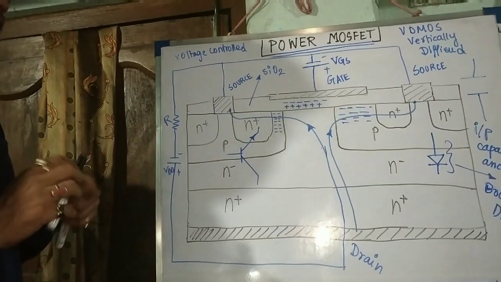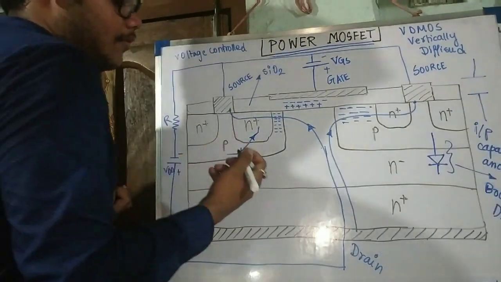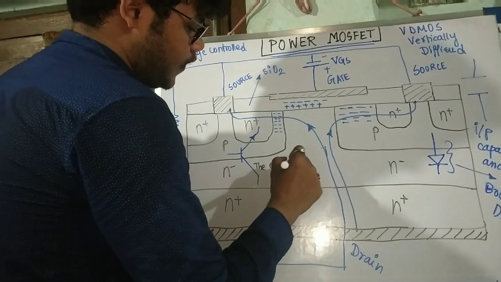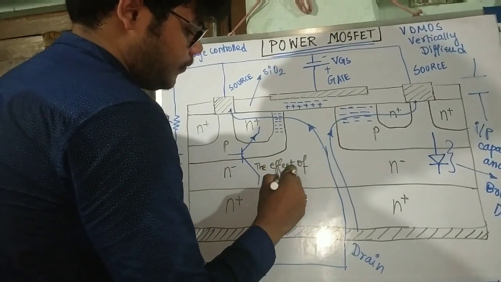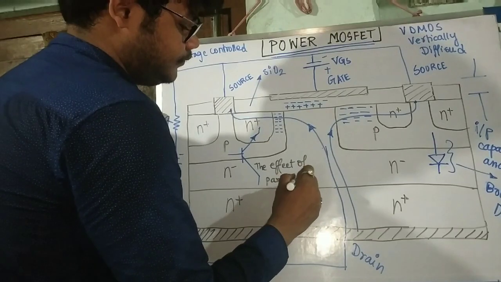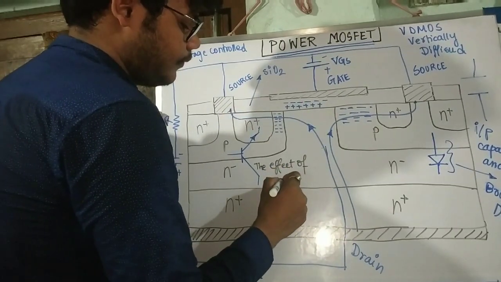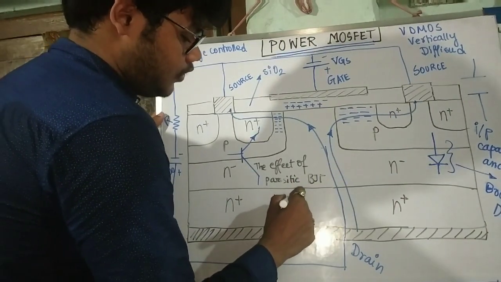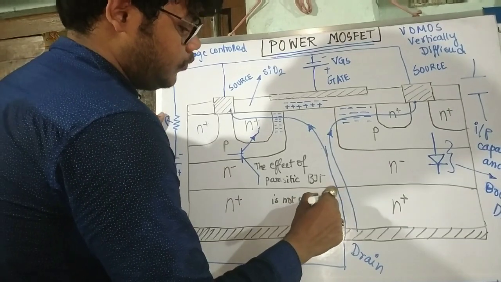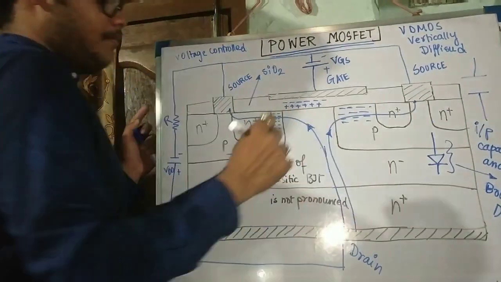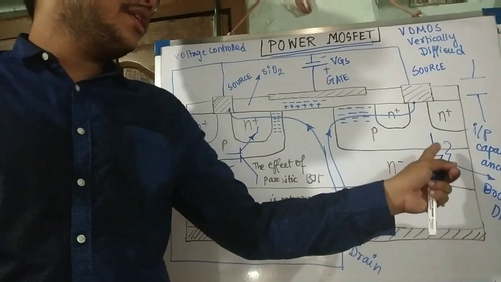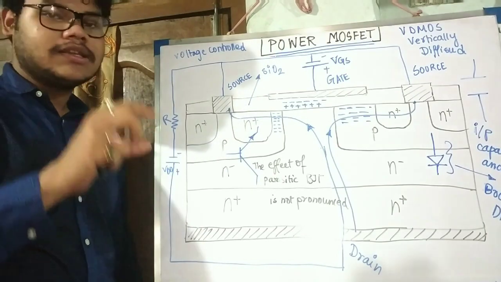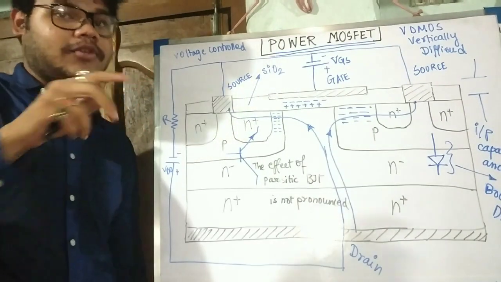That's why the effect of the parasitic BJT is not pronounced, but the effect of body diode is pronounced. That's why you can see in your MATLAB simulation also, in MATLAB there is a default body diode with a MOSFET.